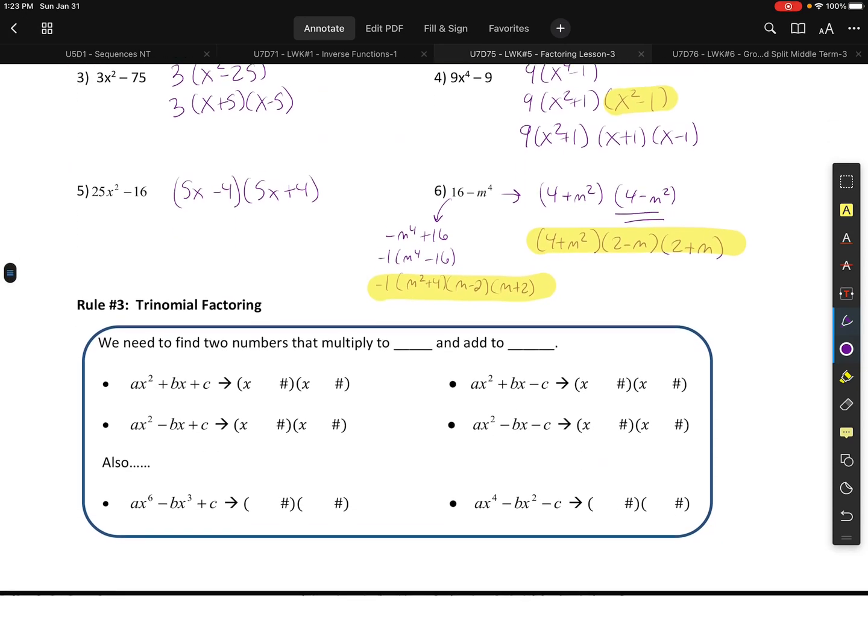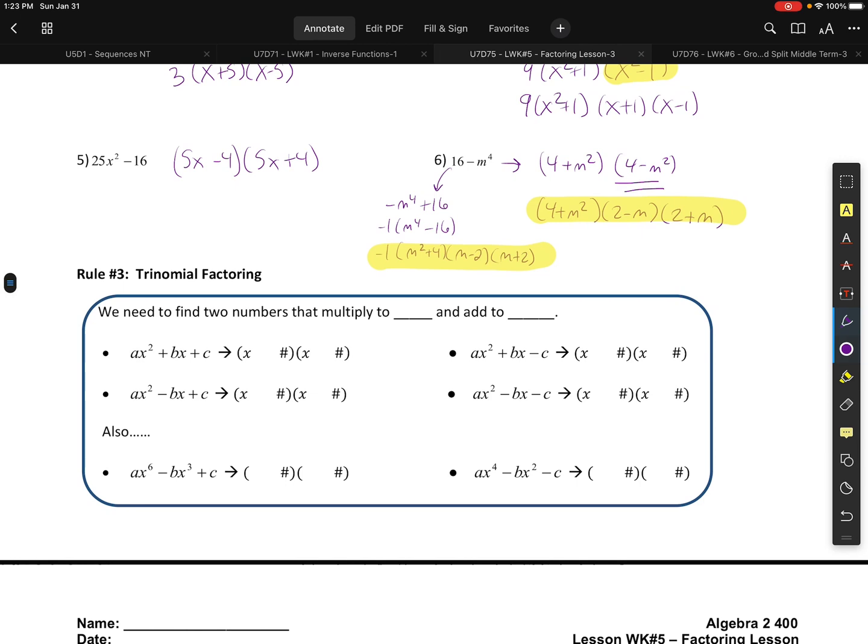And again, continuing on with just basic factoring rules, kind of a refresh here. Trinomial, ax squared plus bx plus c. Key thing, we must find two numbers that multiply to c and add to b. So I have here some blanks, and the idea is like, if it multiplies to a positive and adds to a positive, they're both plus signs.